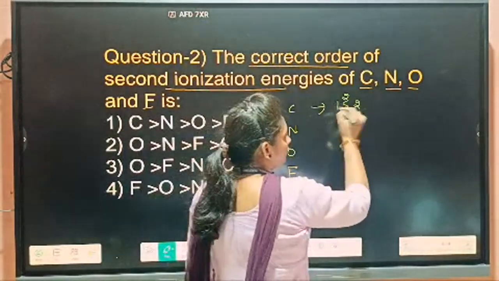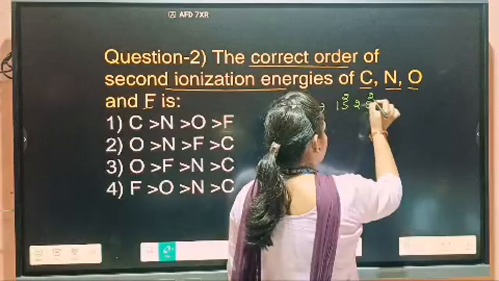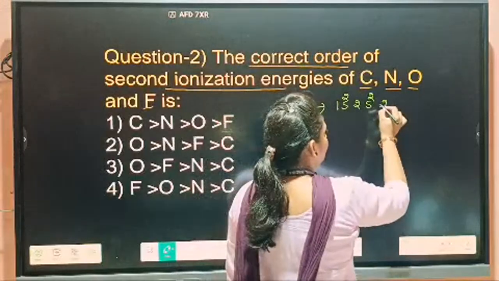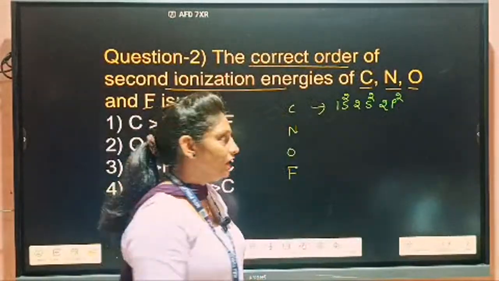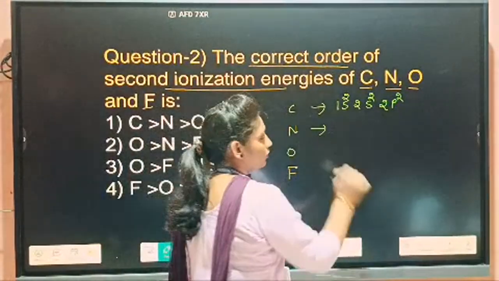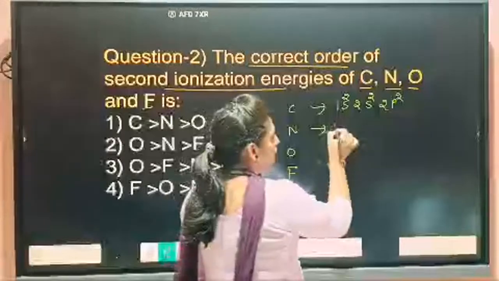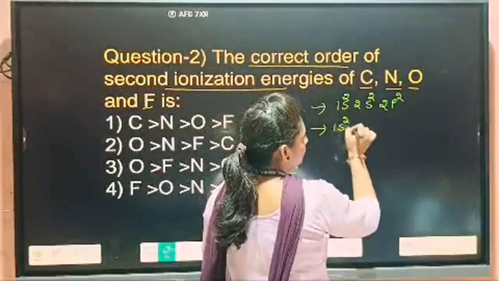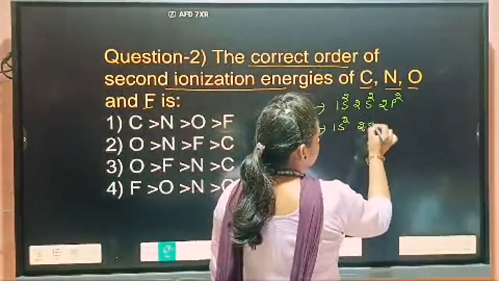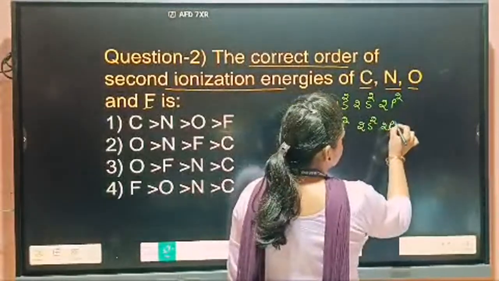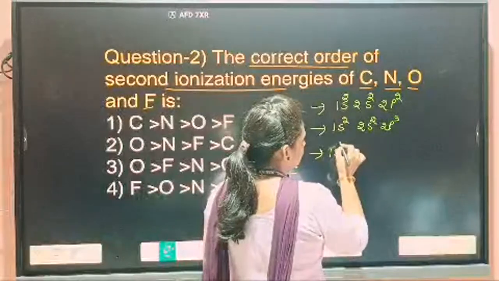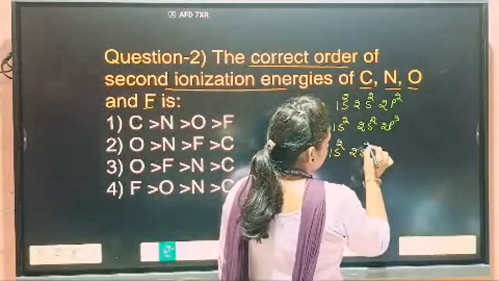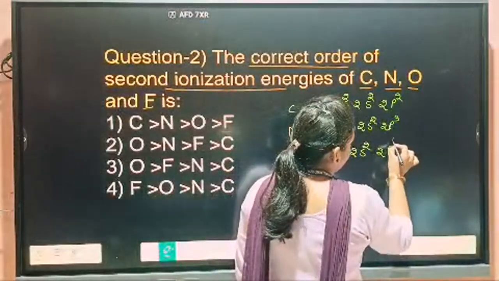So what will be the configuration? 1s2, 2s2, 2p2, because there are only 6 electrons. What will be the configuration for nitrogen? 1s2, 2s2 and 2p3. For oxygen, 2p4.